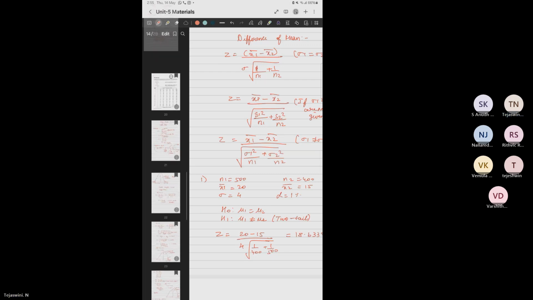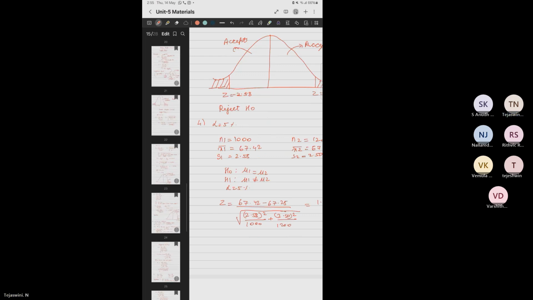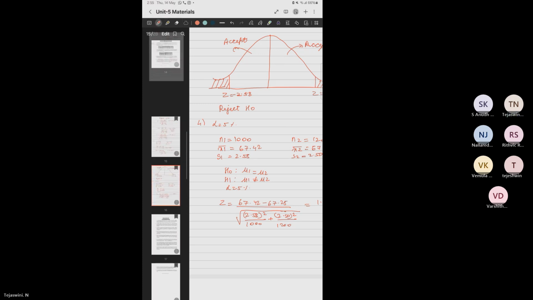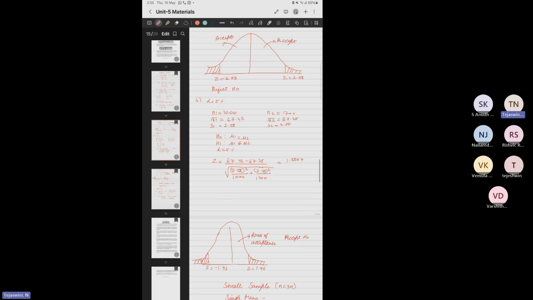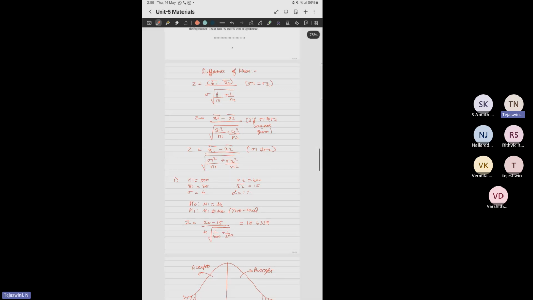So for difference of mean, the formula is z is equal to x1 bar minus x2 bar, divided by the square root of sigma 1 square by n1 plus sigma 2 square by n2.